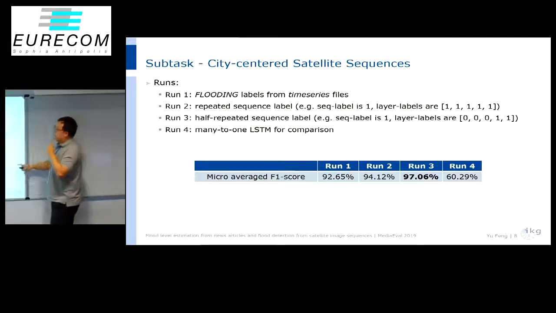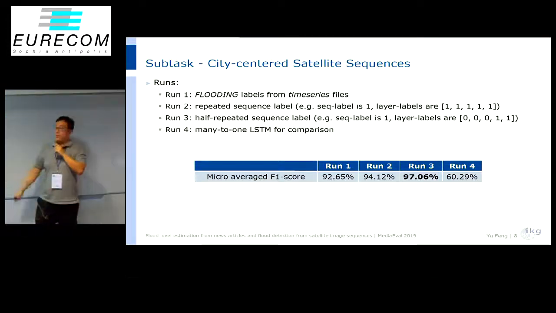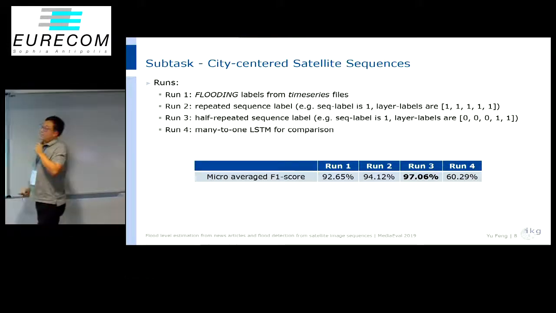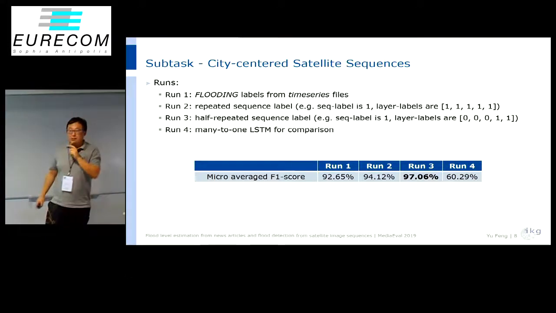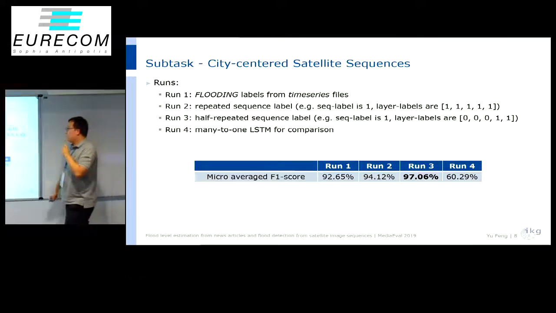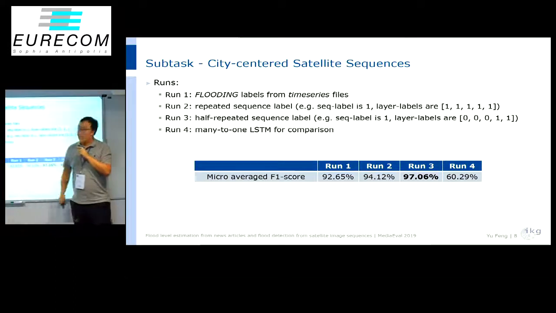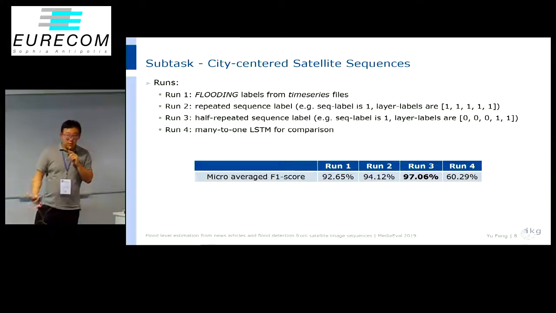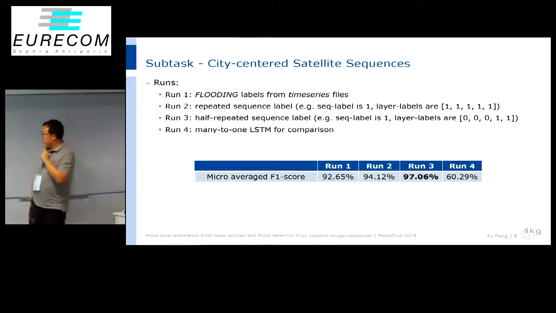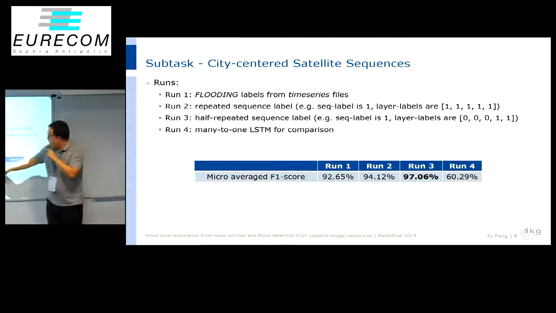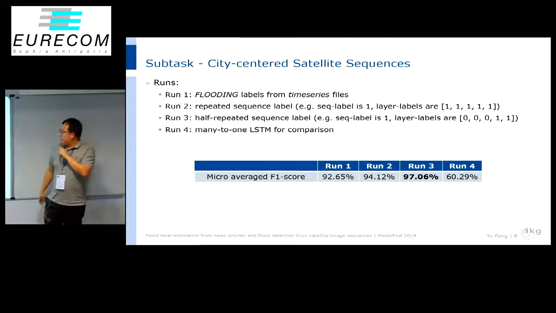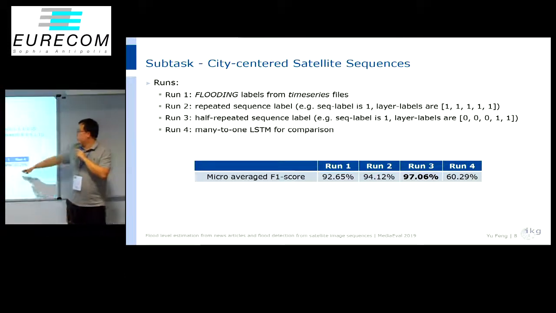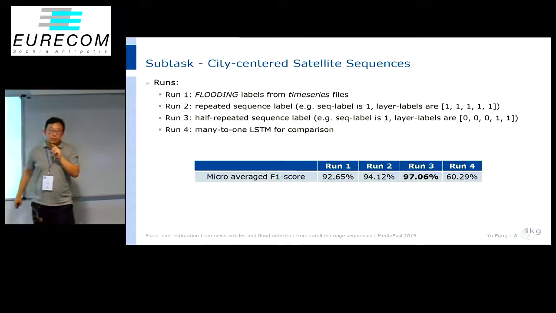In round 3, we tried repeating only half, because we saw that the flooding labels have such a pattern, and we wanted to see if this pattern matters. For the last round, we compare with a many-to-one LSTM, where we make one prediction for the whole sequence. From the results, we can very significantly see that the many-to-many LSTM is beneficial, and our round 3 achieved the best result for this task.